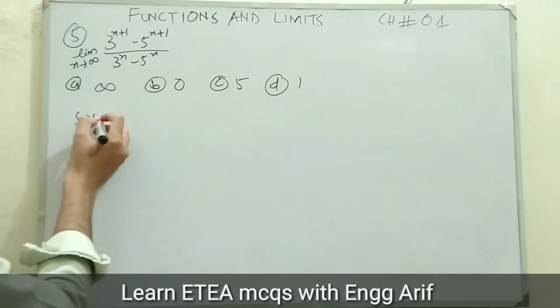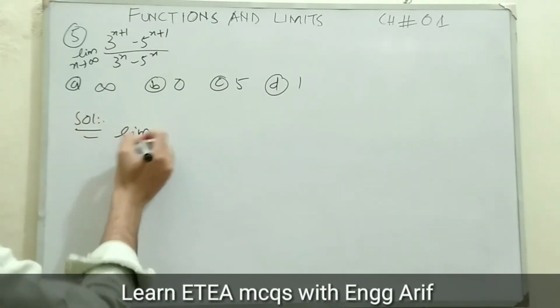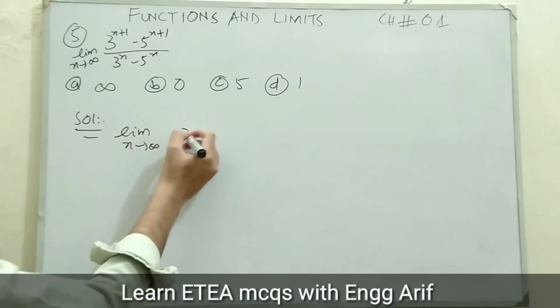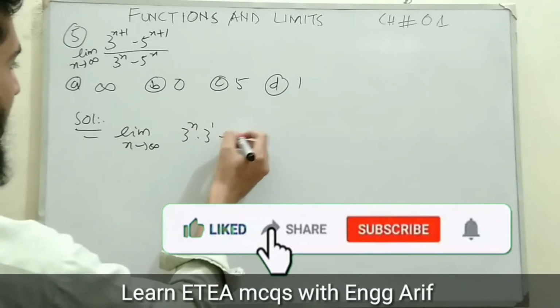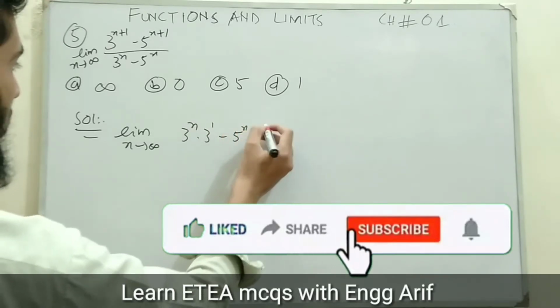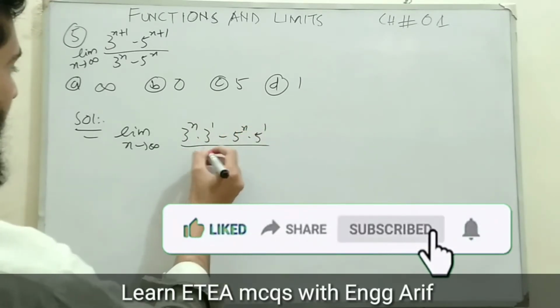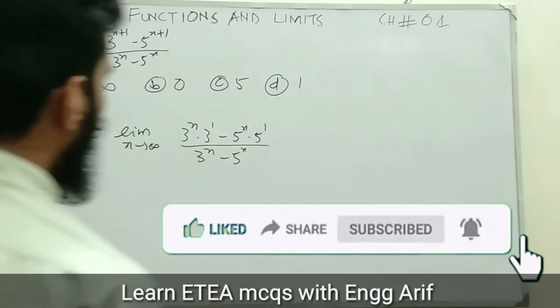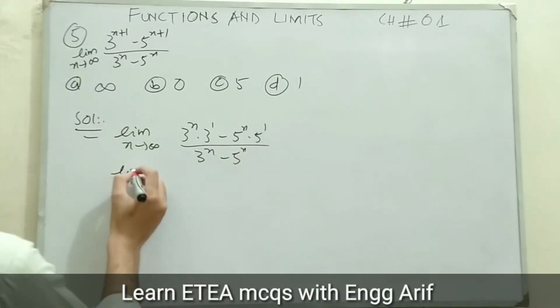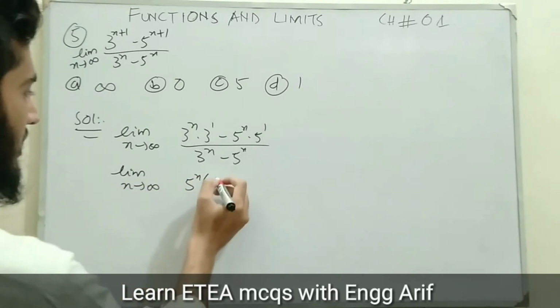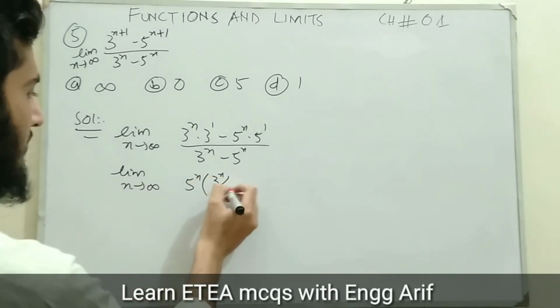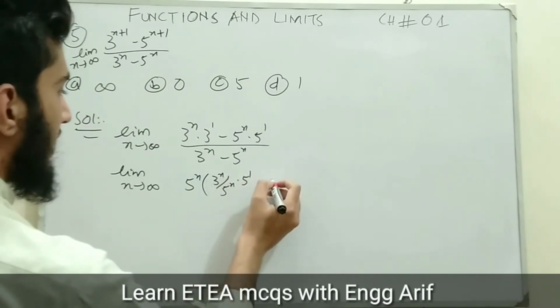Move towards the solution. We are given limit x approaches infinity, 3^(x+1), which can be written as 3^x times 3^1, minus 5^(x+1), which can be written as 5^x times 5^1, divided by 3^x minus 5^x. Take out common 5^x in the numerator. By taking out 5^x common in the numerator, we are left with 3^x divided by 5^x times 3 minus 5.